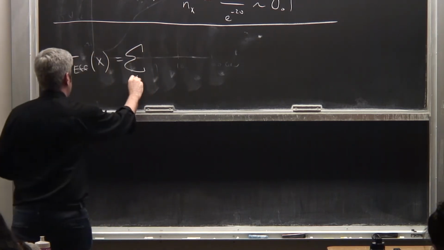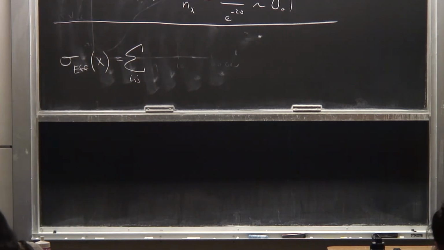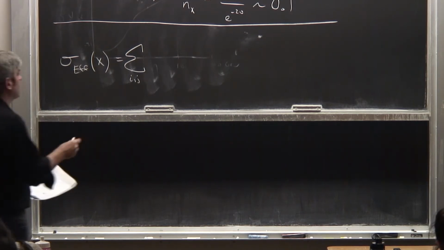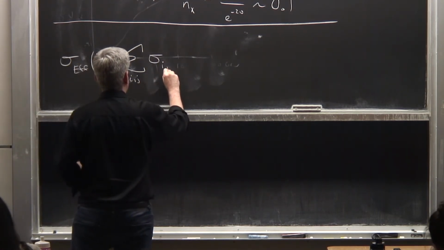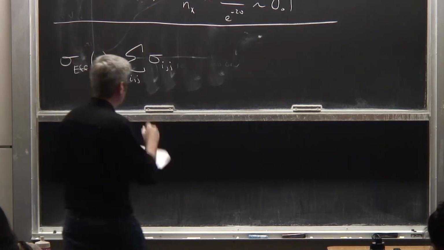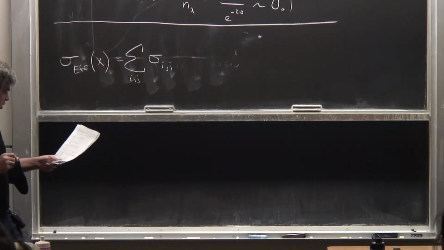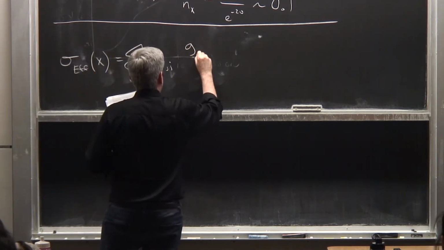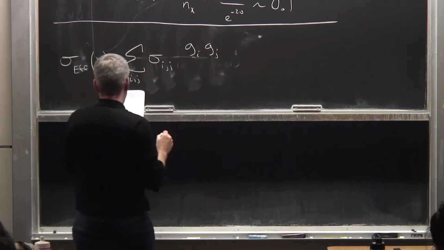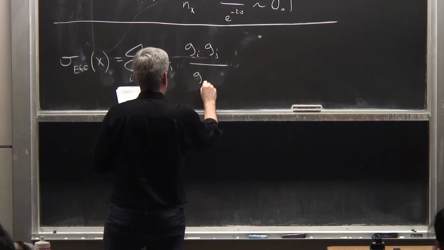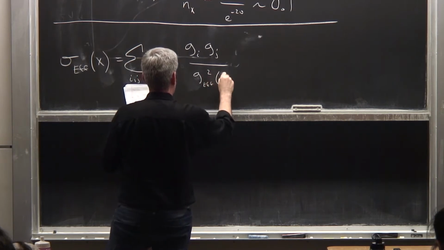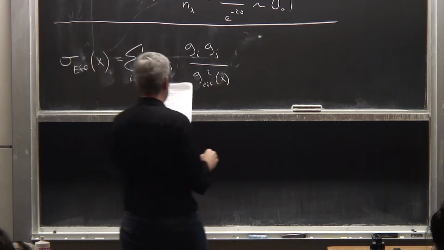The states are going to be indexed by i and j. So here's the annihilation or co-annihilation cross-section for state i and state j. I can write down the degrees of freedom carried by each in this quantity, which I'm calling g effective, which I'll define in a second.